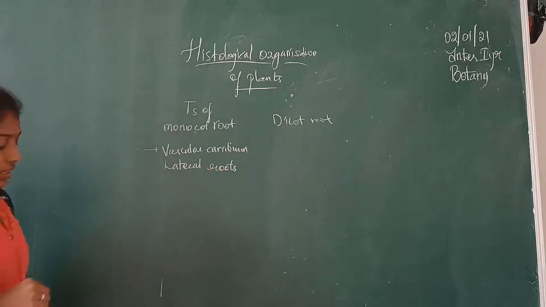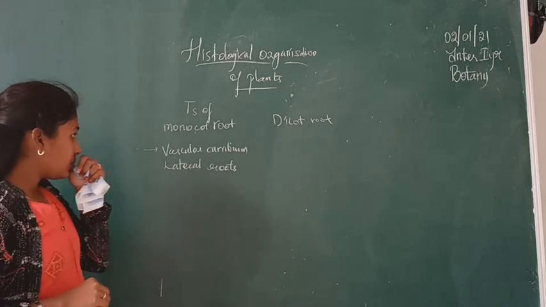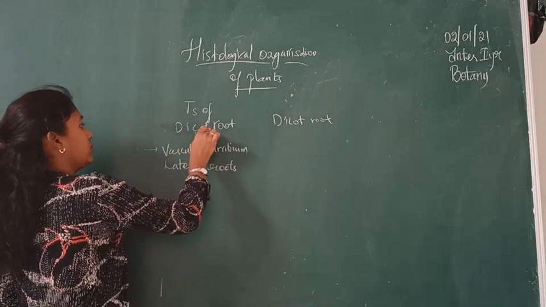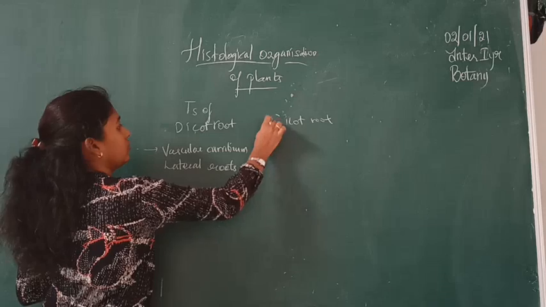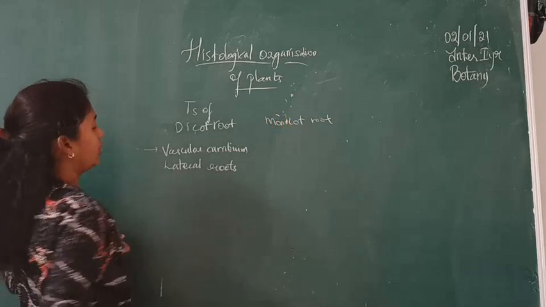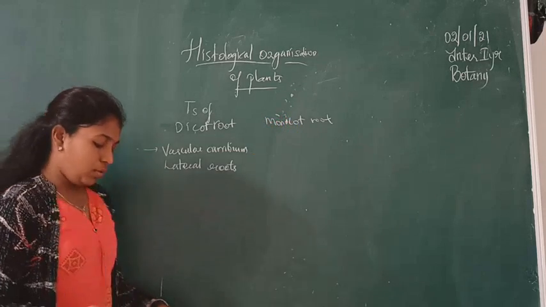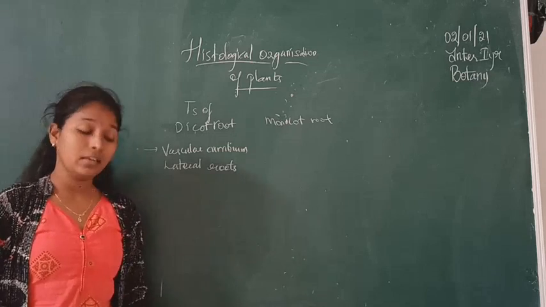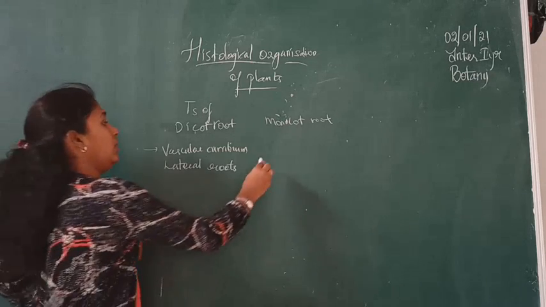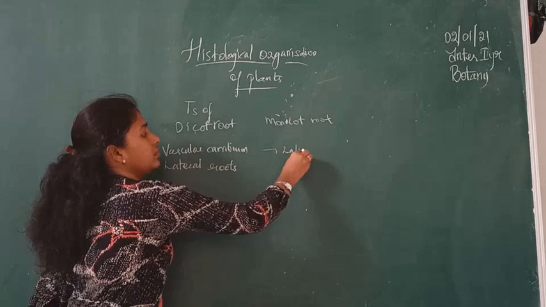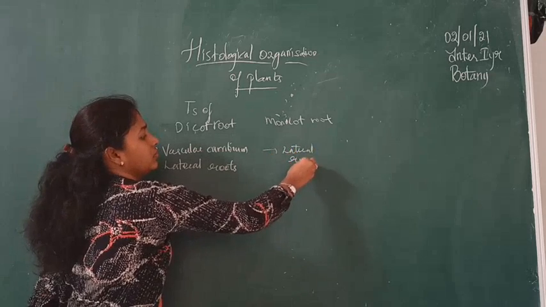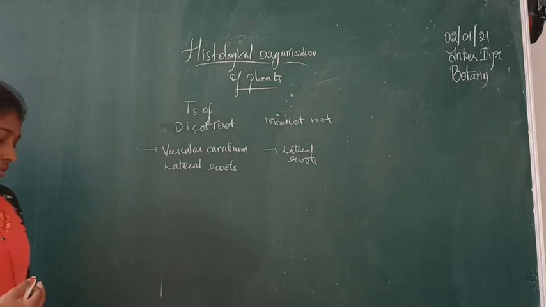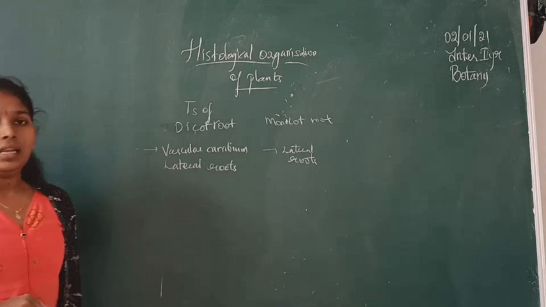Okay, and next, when coming to the monocot root, monocot roots lo una pericycle, it gives rise only to the lateral roots.